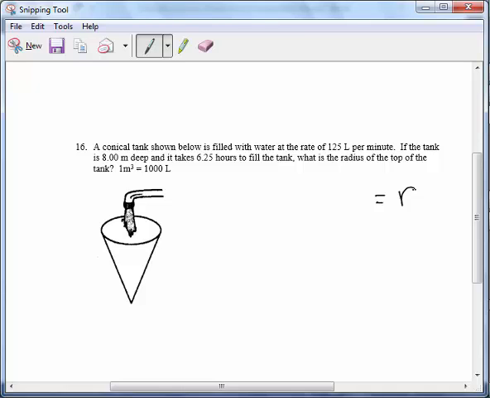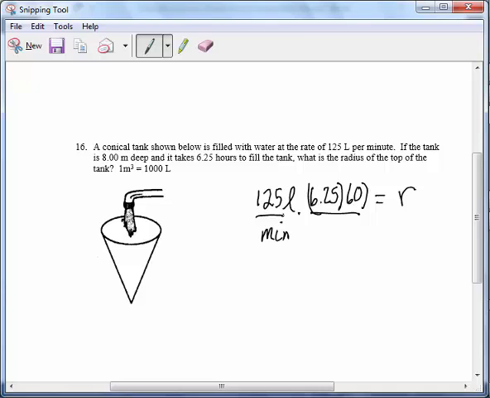Well, it fills at a rate of 125 liters per minute. 125 liters, that's a volume in a minute, times 6.25 times 60 minutes in an hour.